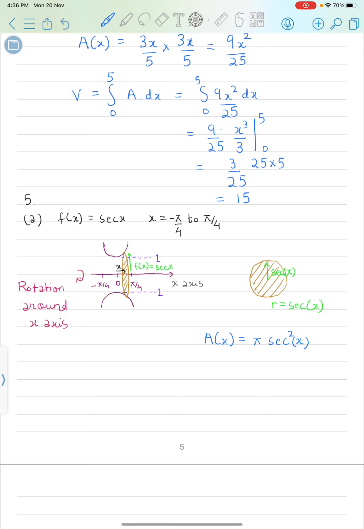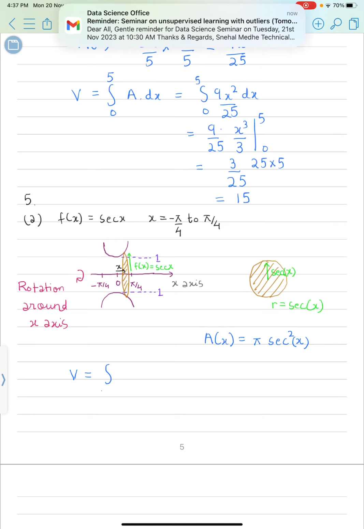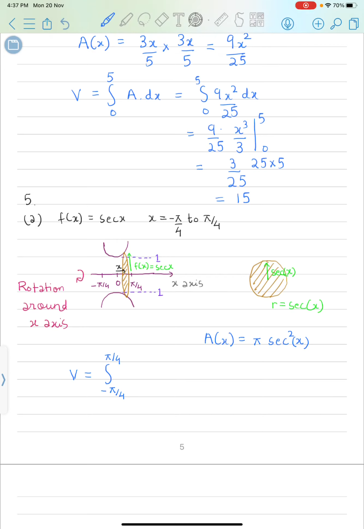Now, what is the formula for volume? The volume formula is the integral from -π/4 to π/4 of A(x) dx. I have taken this formula from your notes. You can check your notes for this.